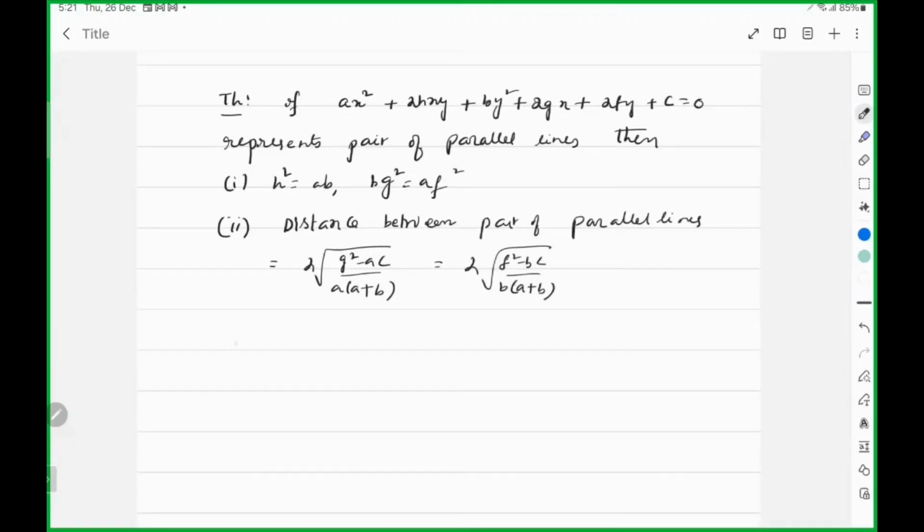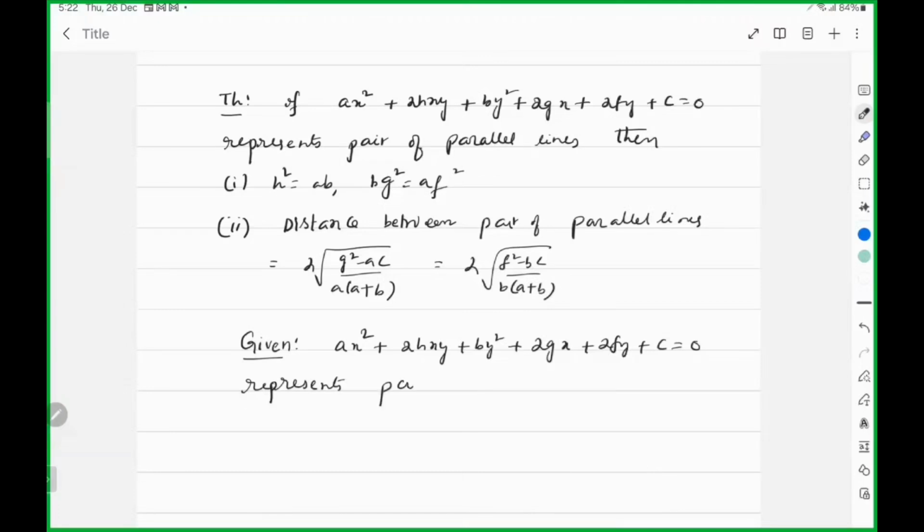So as usual, this part becomes the given. Given is: ax square plus 2hxy plus by square plus 2gx plus 2fy plus c equals 0 represents a pair of parallel lines.